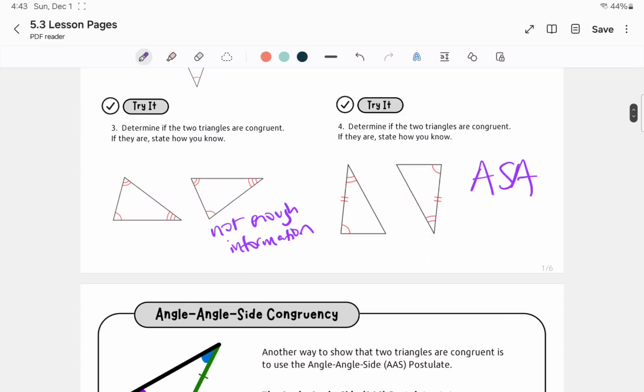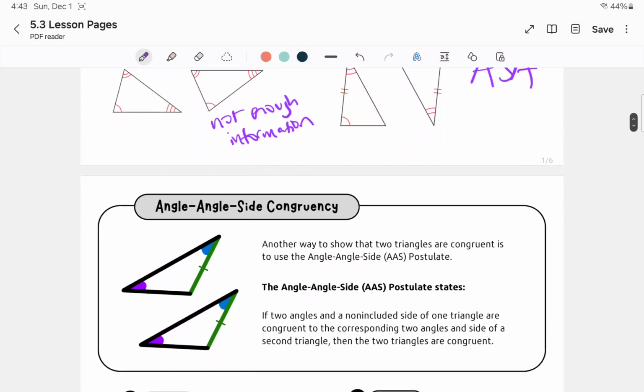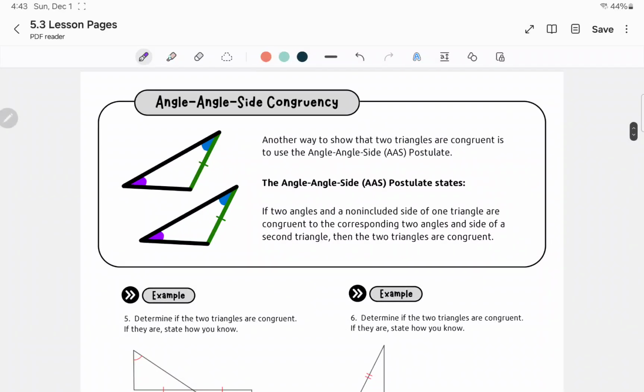All right, so now let's look at our 4th one, which is angle, angle, side. Again, this time we have 2 angles and a non-included side. So let's write this. If 2 angles and a non-included side, meaning a side that is not in between the 2 angles, that would be angle, angle, side.